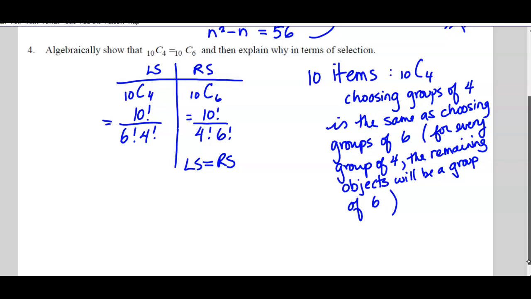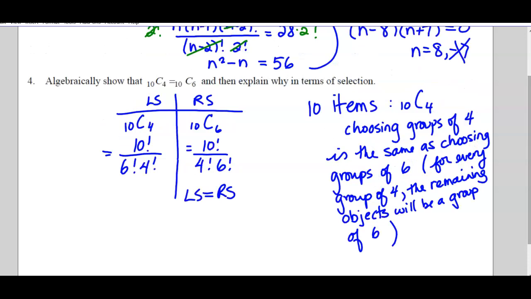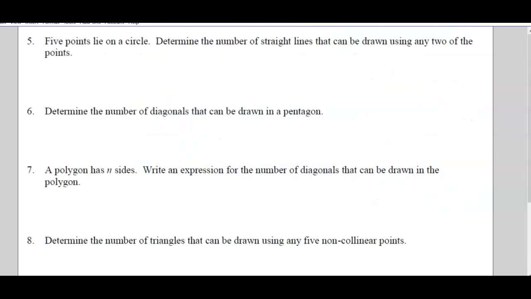Okay, question 5. You can even do question 5 the long way. 5 points lie on a circle. Determine the number of straight lines that can be drawn using any 2 of the points. Okay, so 5 points lie on a circle. Number of straight lines, do it the long way.